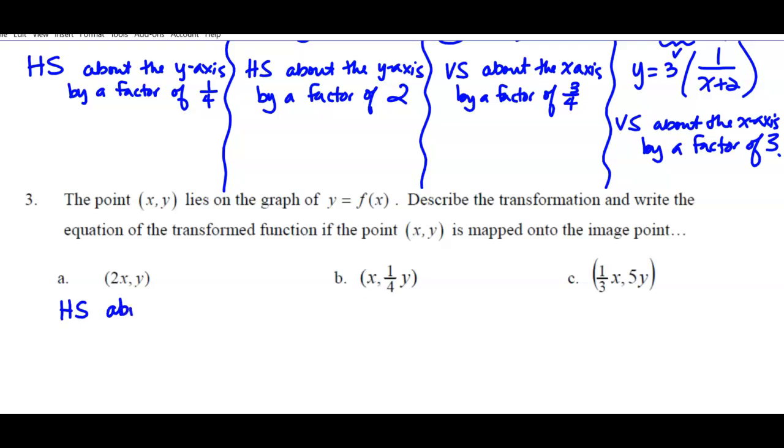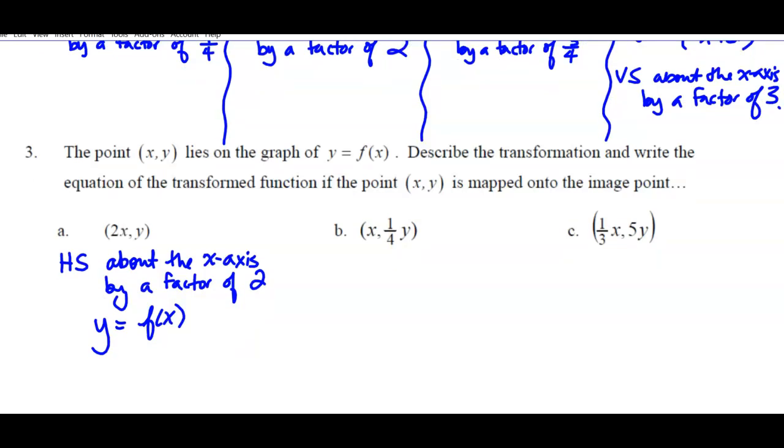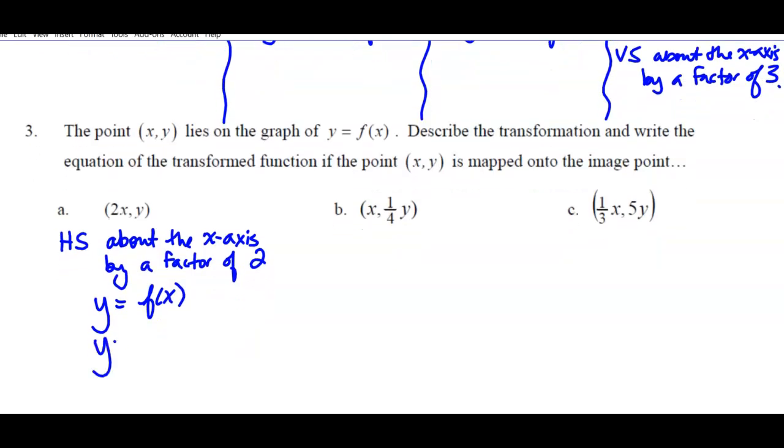I always put it at the end, but keep it consistent. Okay, that is what it is. So the original function is y equals f of x. Now we're going to replace x with 1/2 x, or x over 2. Okay, the reciprocal.